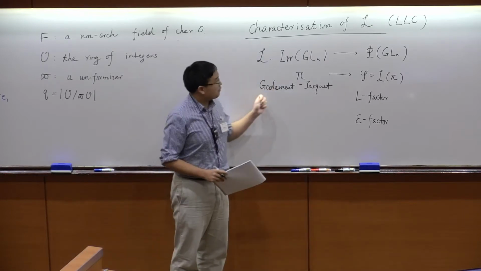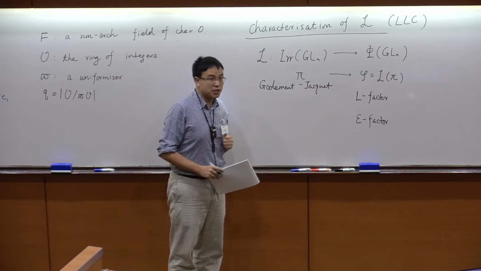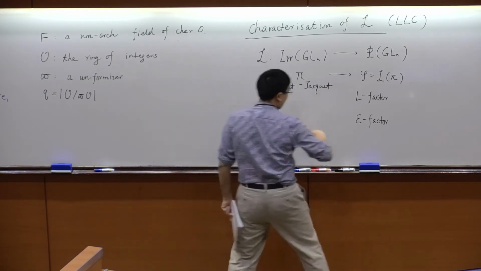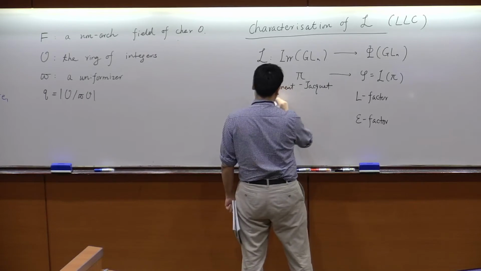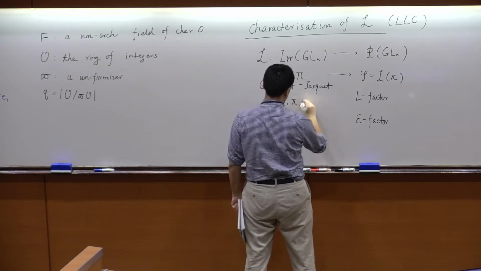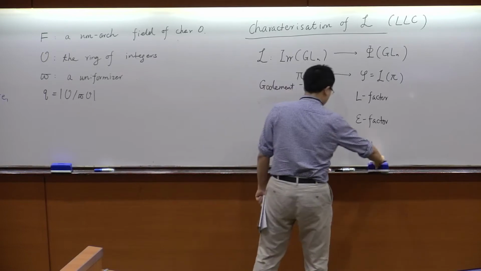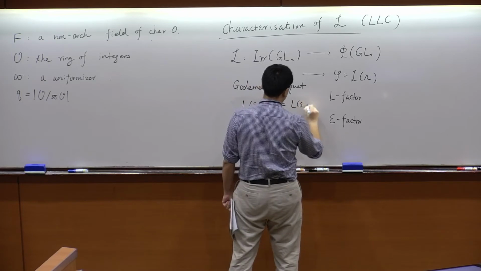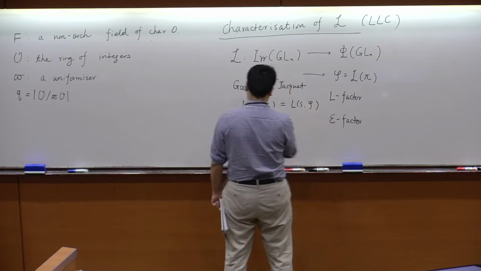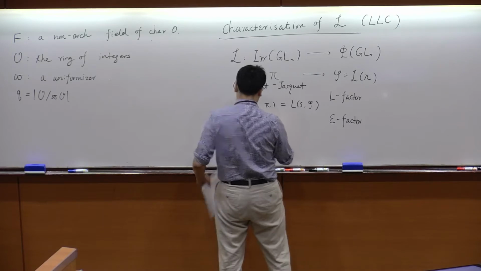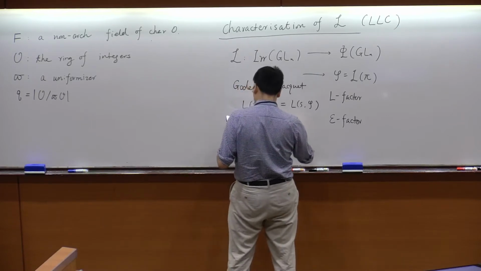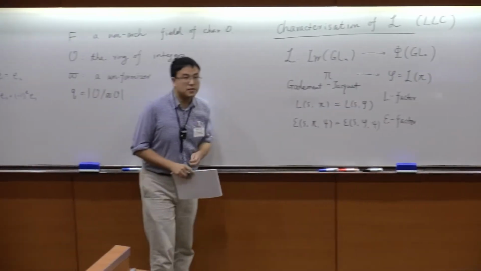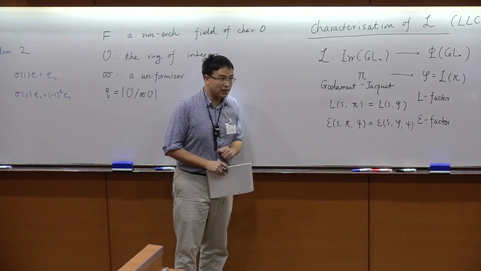Regarding the definition on this side, this will be discussed in Julian's talk, so I will skip the details here. But what we have is two families of local factors, and they are equal to each other.